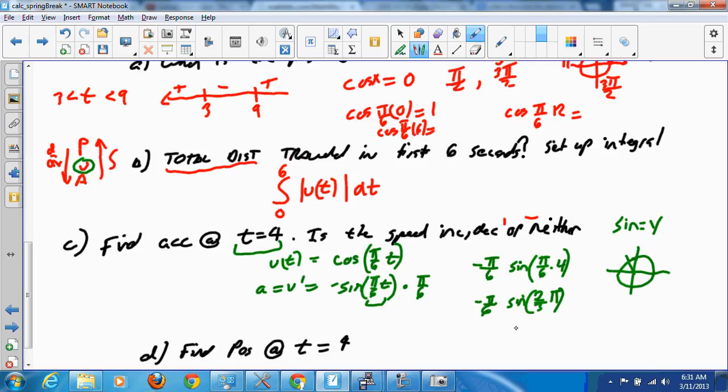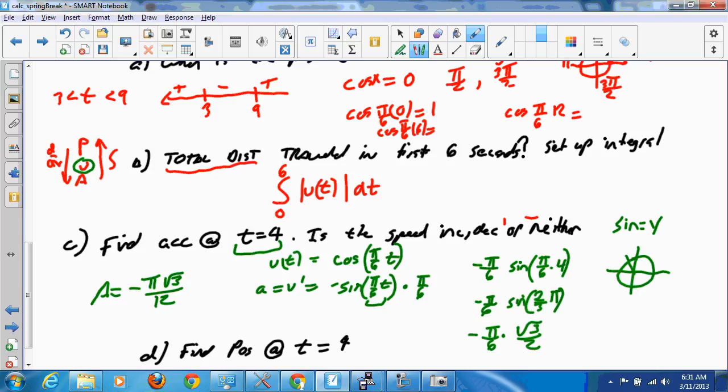The square root of 3 over 2. Multiply that by a negative pi over 6. And looks like we have that the acceleration is equal to what? A negative pi times the square root of 3 over 12.